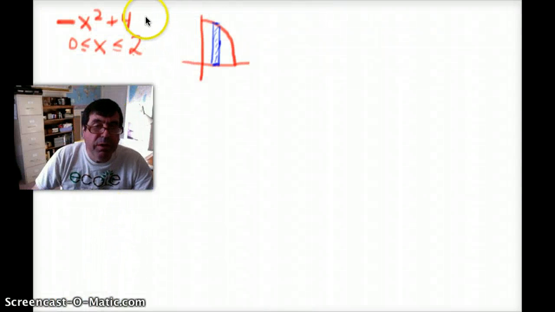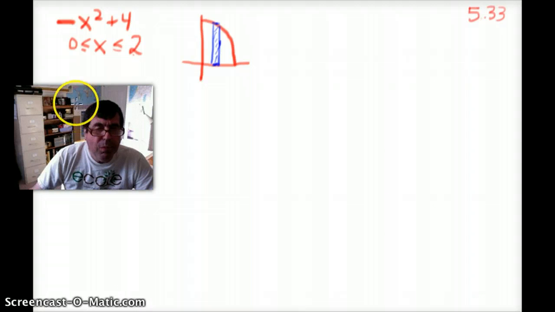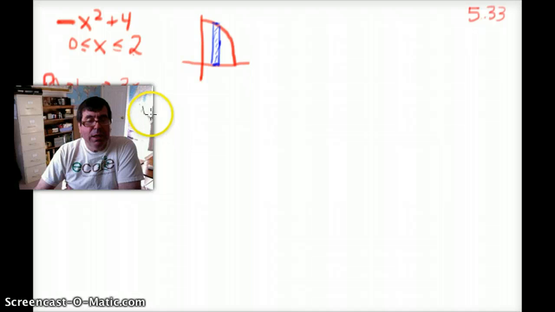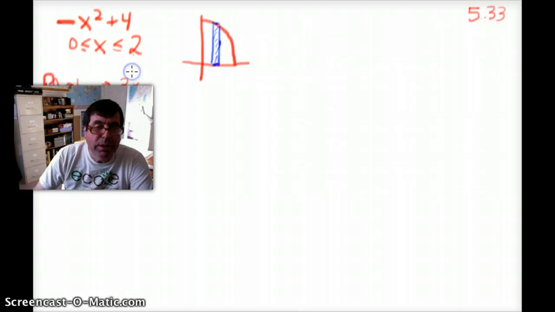Okay, so here's our function up here, here's a picture, and here's the interval that we're dealing with. You may remember the number, wasn't it close to 5.33? The area under that curve. What we're going to do is, just like the last time where we had some pre-algebra concept, we had some limiting process, and then we had a formula, 2x, we can go through the same process and come up with a formula to be able to describe the area.